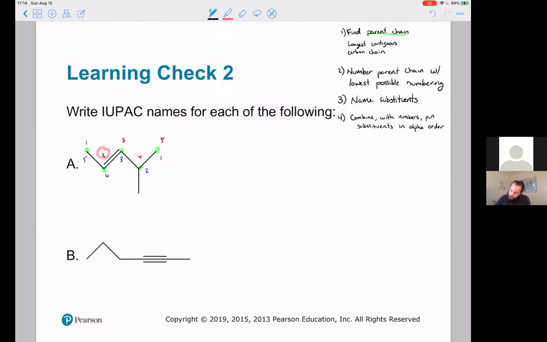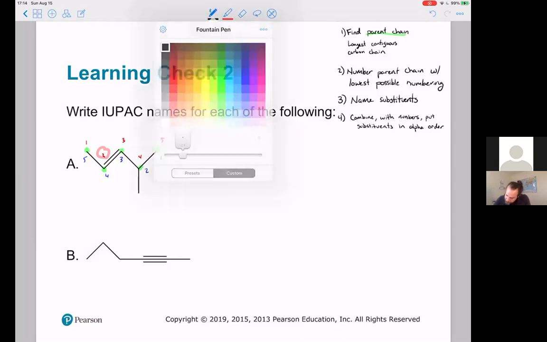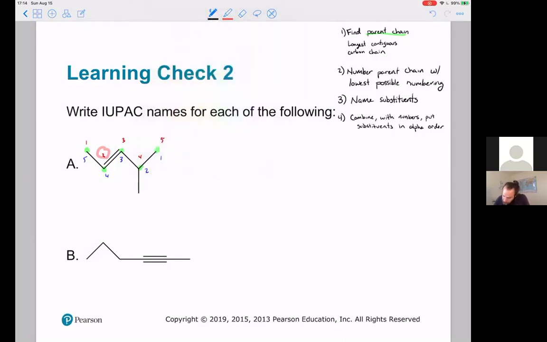Okay. So then we need to figure out, so our parent chain is going to be a pent, 5 carbons, a pentene, and we're going to number where that double bond is. So not only is our parent chain a pentene, it's a 2-pentene.